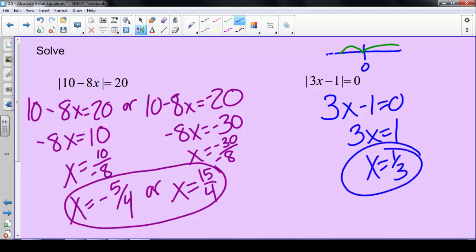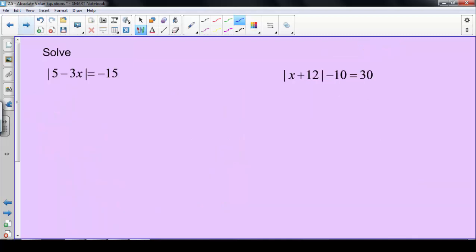Alright, so now in this case, when is the absolute value equal to negative 15? Well, think back to absolute values, and the end result of an absolute value can't be a negative, because it's asking when is something negative 15 units away from 0? Well, that's not possible, because even if we go to the negative numbers, you're still so many units away from 0.